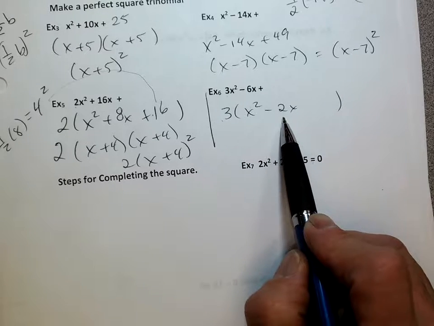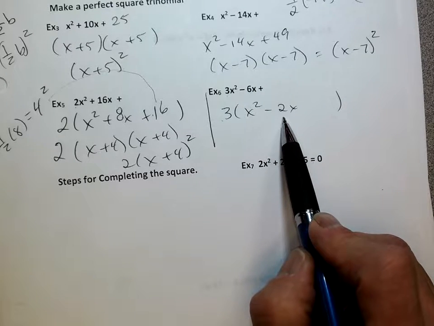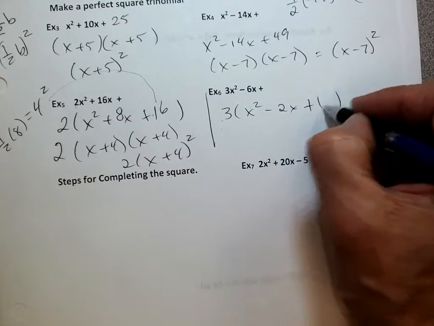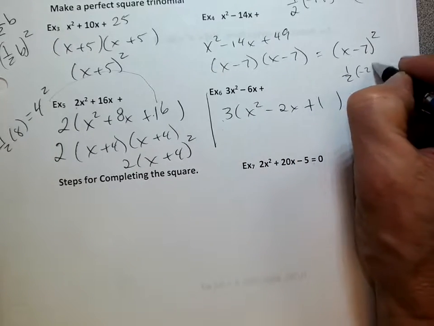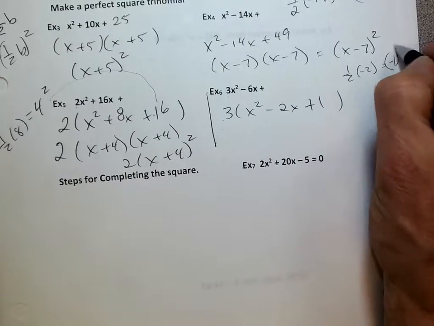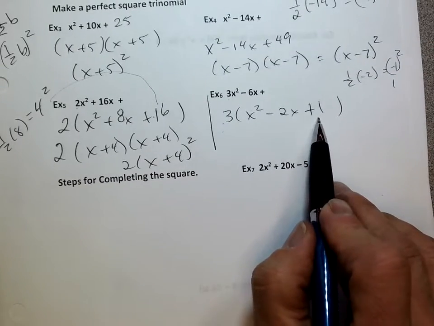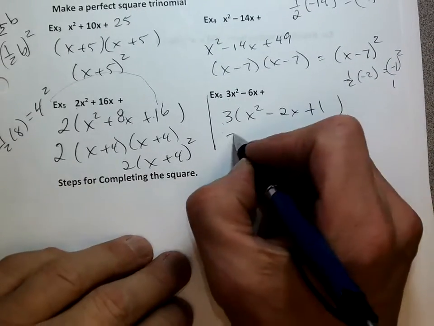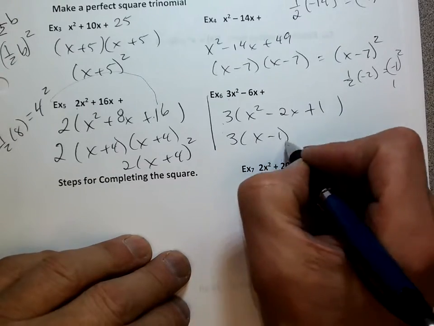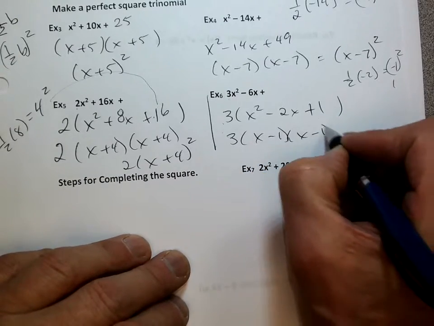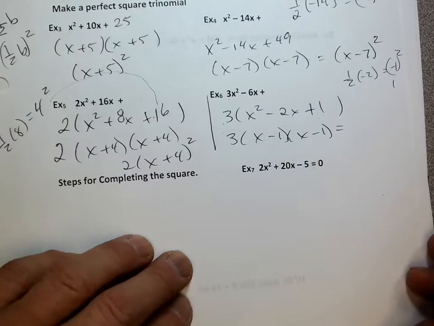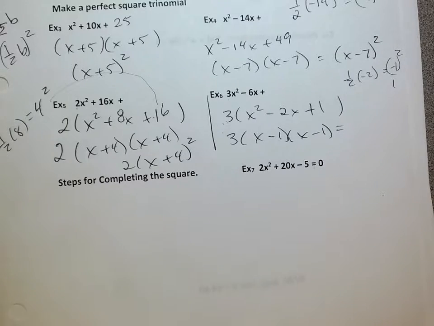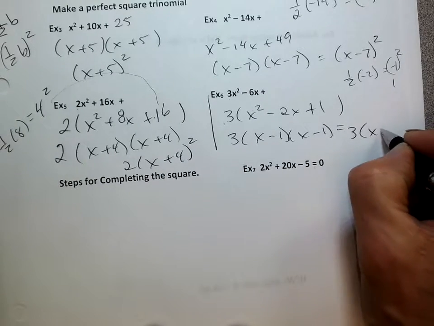Half of 2 is 1, and 1 squared is 1. Everybody agree with that? So it's got to be a plus 1. Or half of negative 2 is negative 1, but negative 1 squared is 1. So that's got the 1 right there, okay? And this does factor into x minus 1, x minus 1, and we can write it then as a perfect square, 3 times x minus 1 squared.